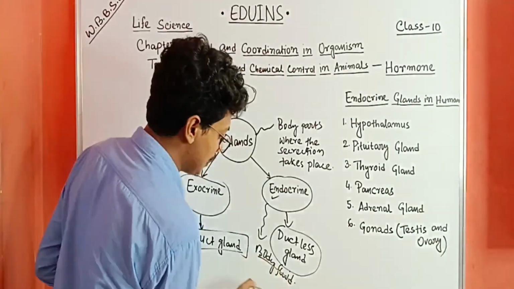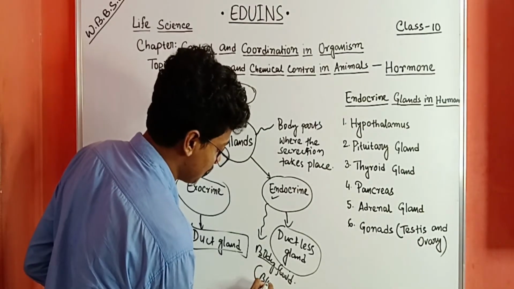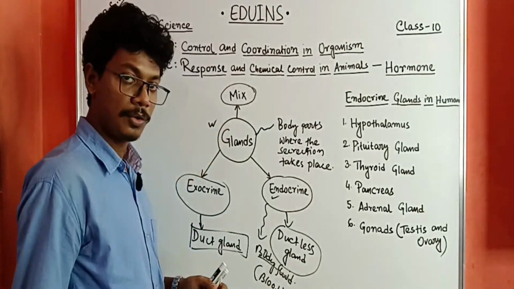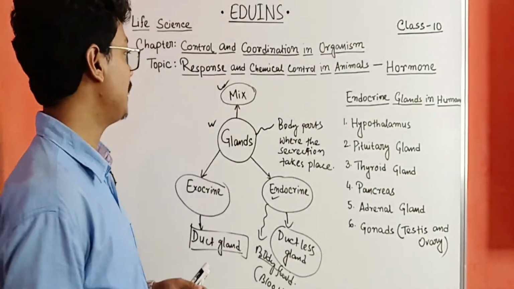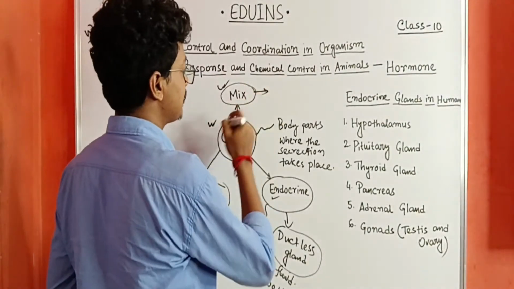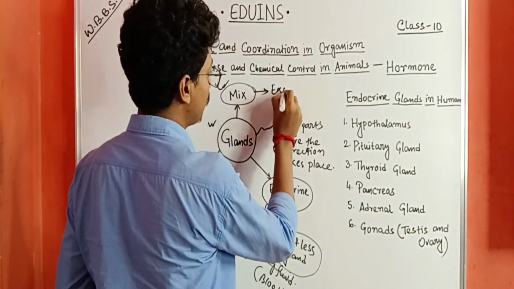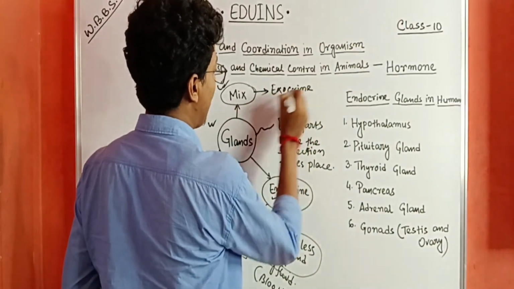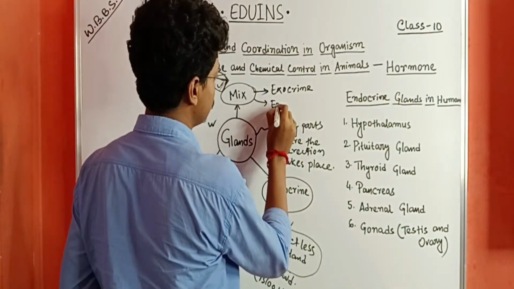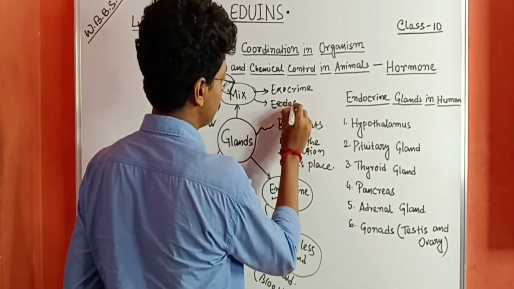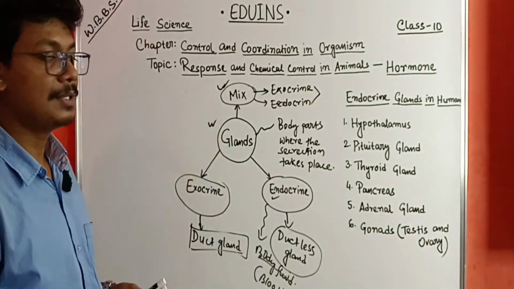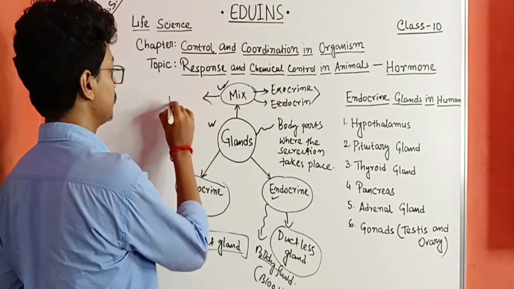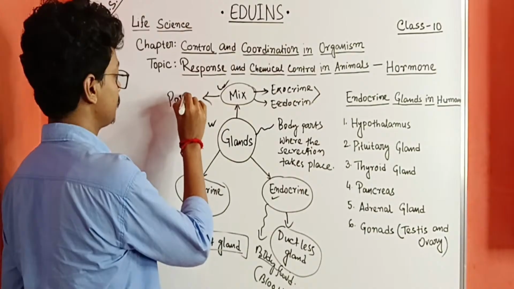So what is the body fluid in our body? That is blood. The next one is mixed. What is mixed? It secretes both exocrine and endocrine secretions. One common example is the pancreas.